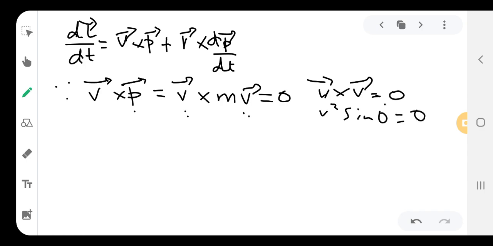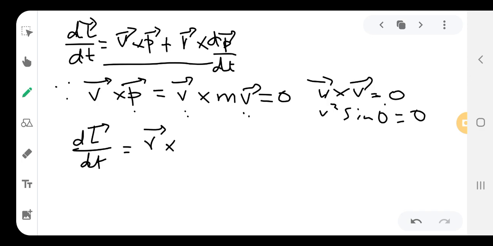Hence we will take this product as 0. So what remains in this equation is dL by dt equals r vector cross dp vector by dt.